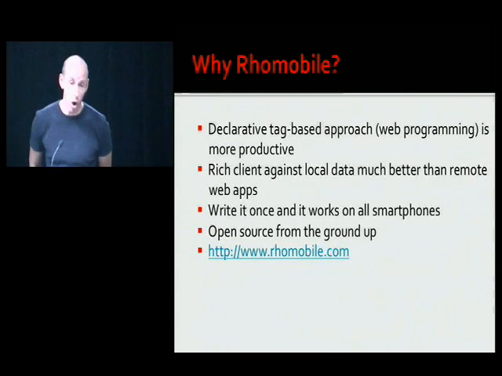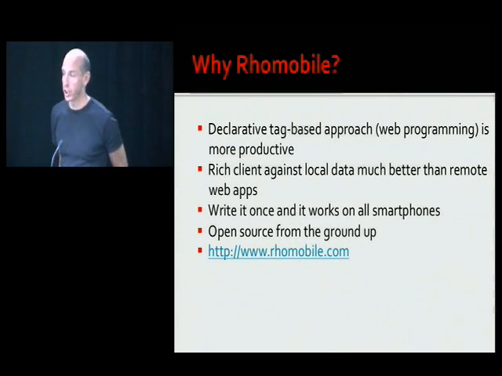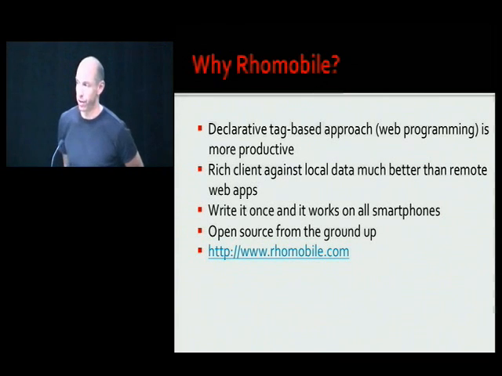So full disclosure, we're only using 1.9 on everything but Java-based devices. So we're using 1.9 for Symbian, we're using 1.9 for iPhone, and we're using 1.9 for Windows Mobile.